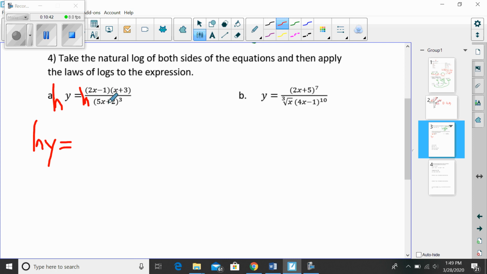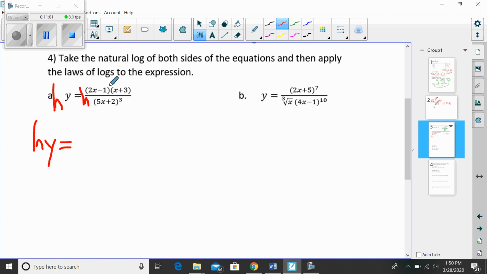I'm not going to even try to write it with my poor little mouse. But anyway, if you were to break this up using the laws of logs, it will be so much easier to do the operations that you have to do in calculus. This gets done all the time in Calc 1 and in Calc 2.